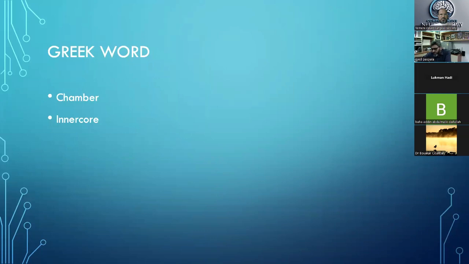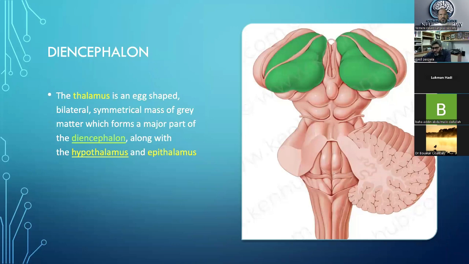So this is a chamber within the deeper part of the brain, and it is a collection of the gray matter in an egg-shaped structure, which is placed just above the midbrain on either side of the third ventricle with this type of orientation, which is almost oriented at a 30 degrees angulation with the midline.